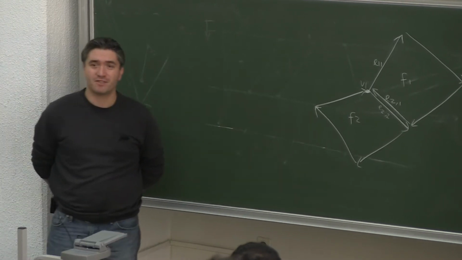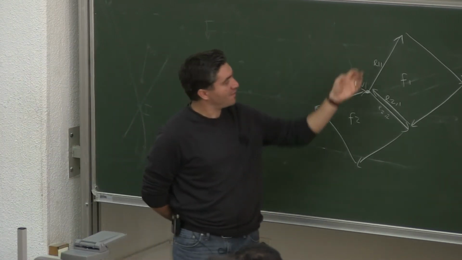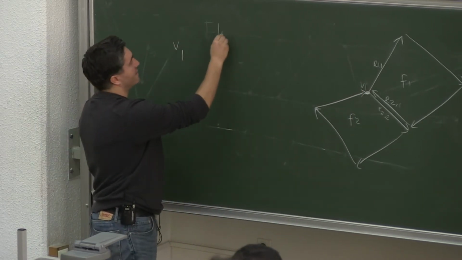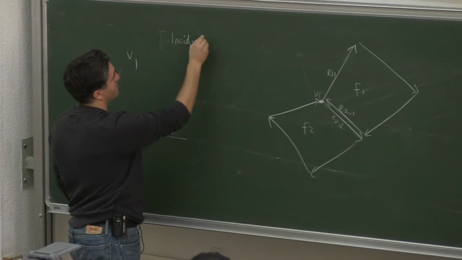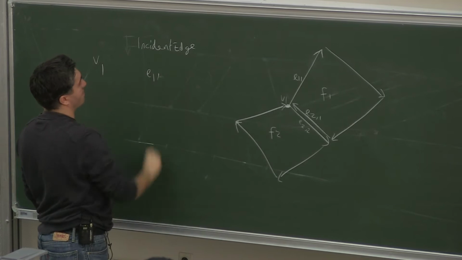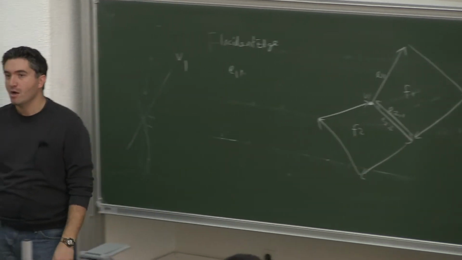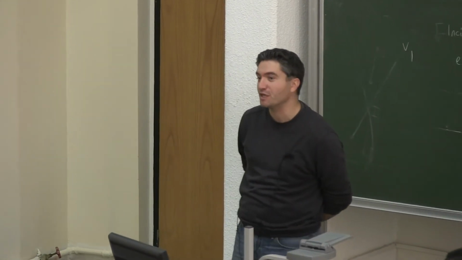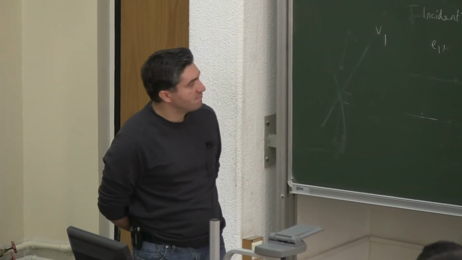Just with one edge, for example, if in my vertex 1 record the incident edge is E11, how are you going to find out E22? V1 is also the origin of E22. Can you give me an algorithm to find it?